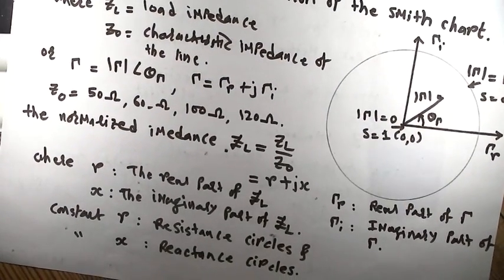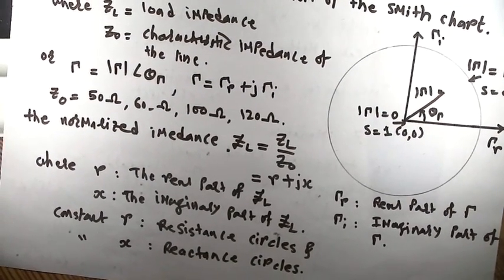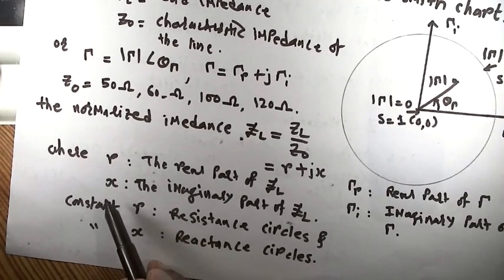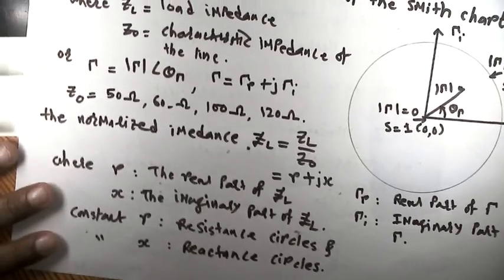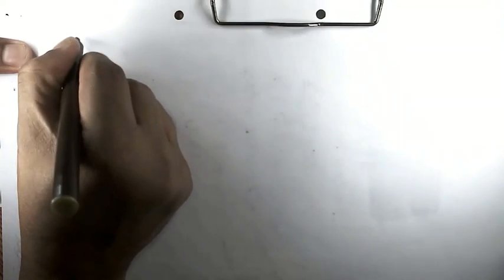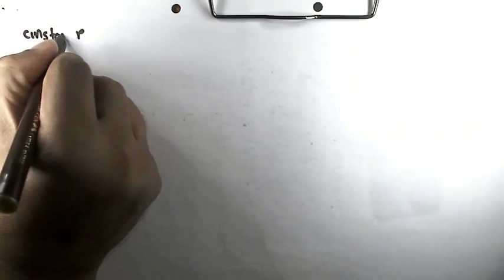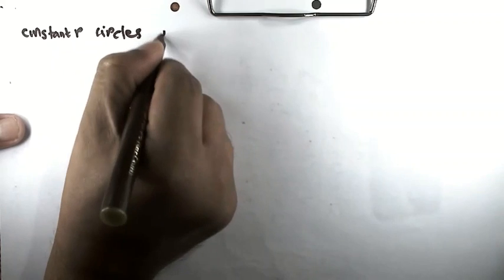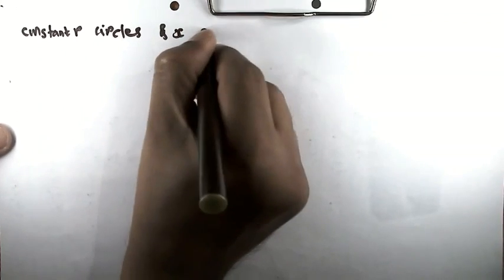So let us first try to find this R and X circles. So let us construct first of all the constant R circles and constant X circles.